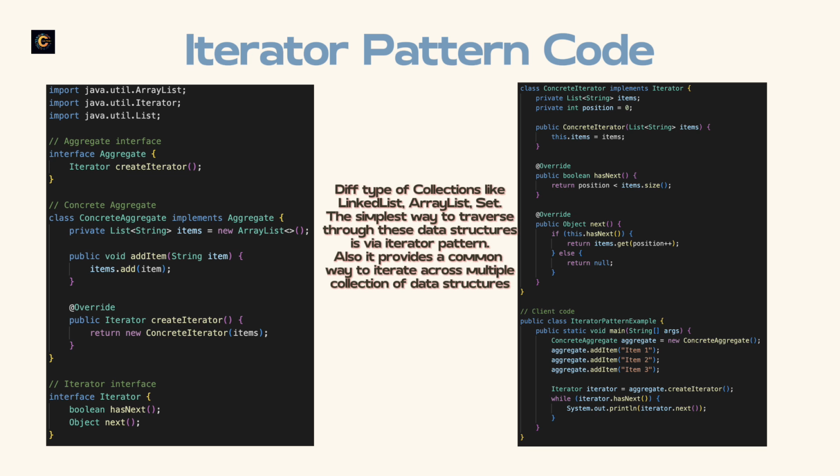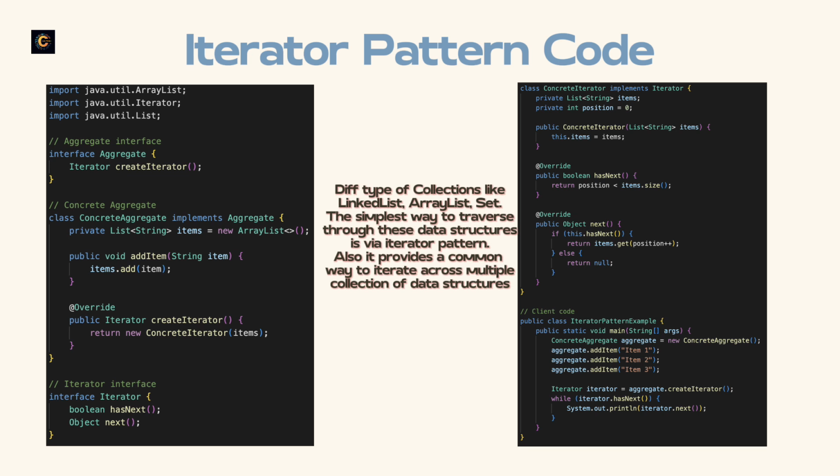It's just a way of iterating over some list or a set in some order. Major benefit is that you might have different types of collections like linked list, array list, set, etc. The simplest way to traverse through them is via the iterator pattern without knowing the internal implementation. So it provides a common way to iterate across multiple collections of data structures.